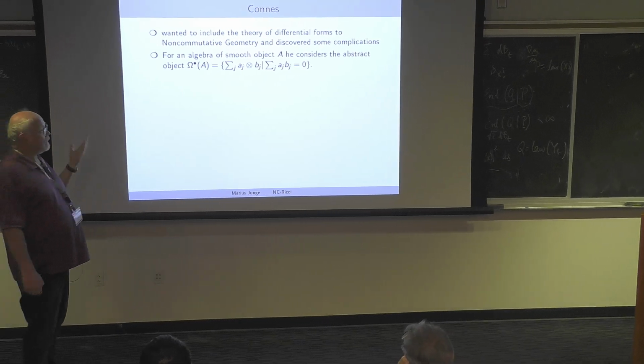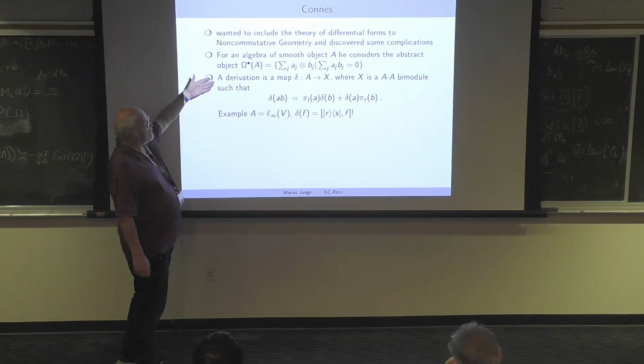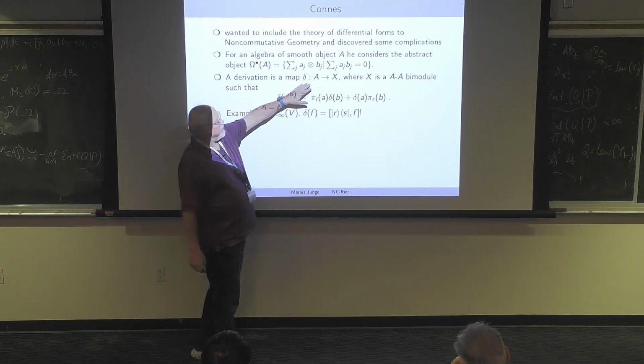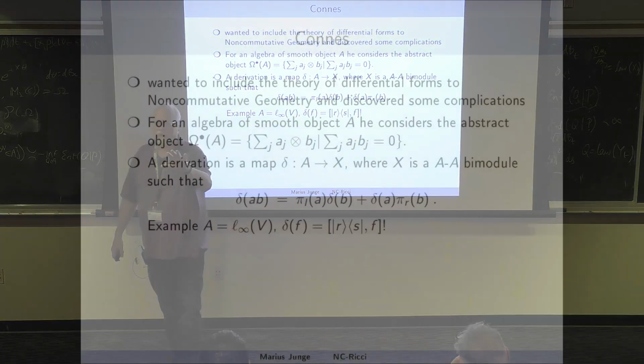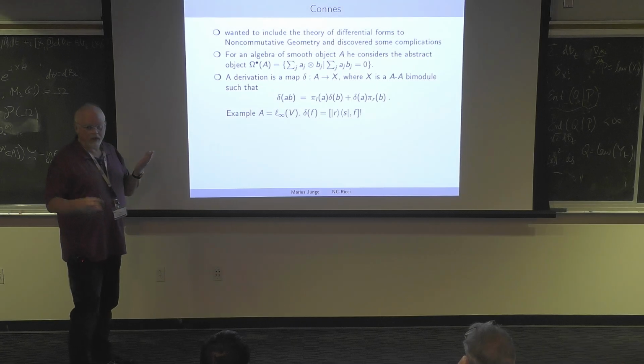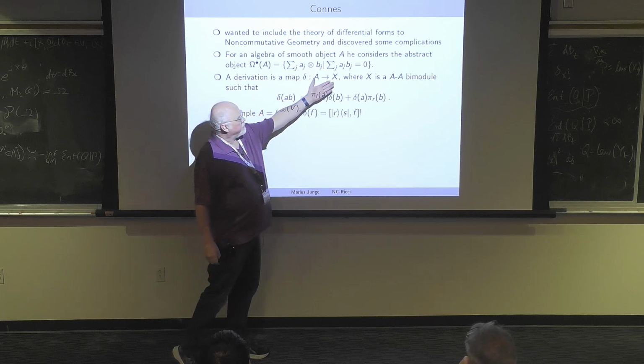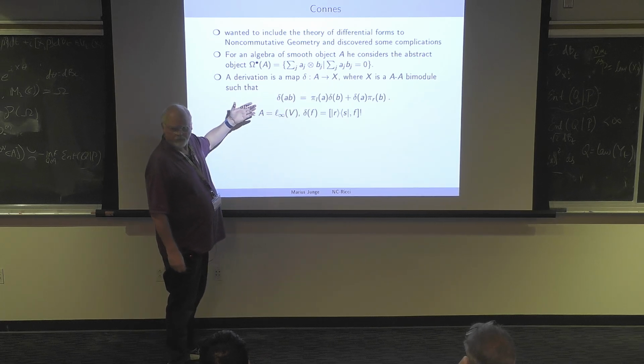Yeah? Why did he do that? Let's start with a derivation. A derivation is a map from A into something else. We have already seen that the something else doesn't have to be A. A derivation, like a connection, is a map from tangent into some larger space, so you have to do something bigger. Our next talk will use that A and X are not the same in a crucial way. I hope so, right?